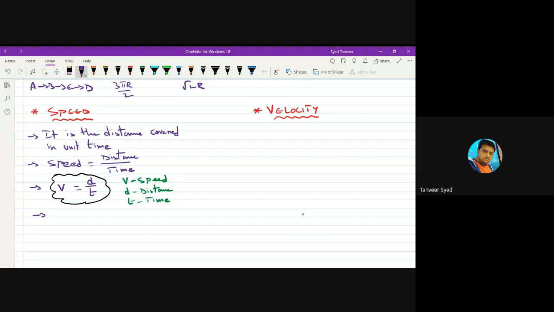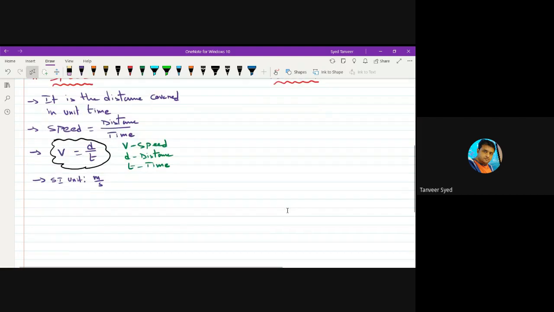So we have the definition and formula for speed. Then what is the unit in which speed is measured? SI unit of measuring speed is meter per second. And other units are practical units, normally kilometer per hour.